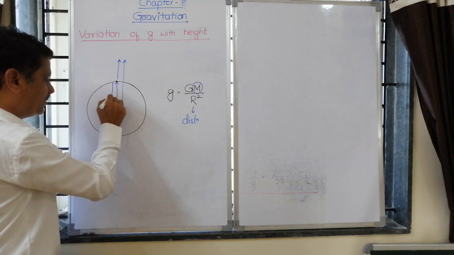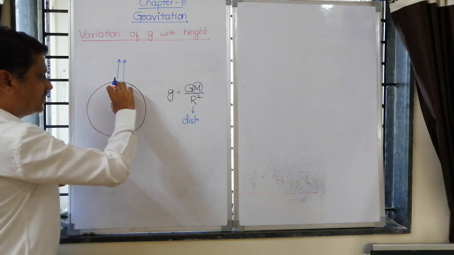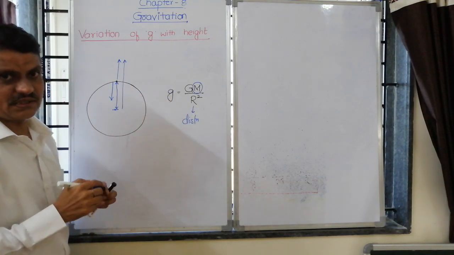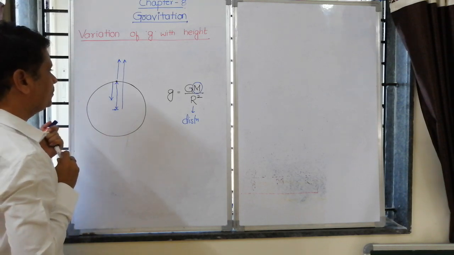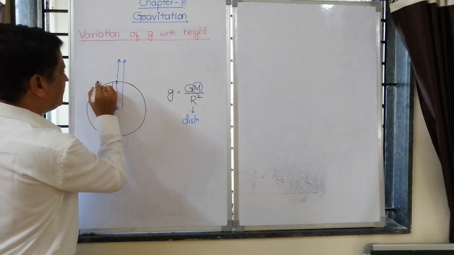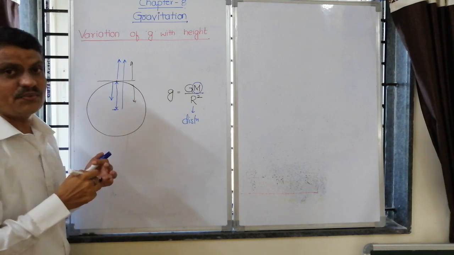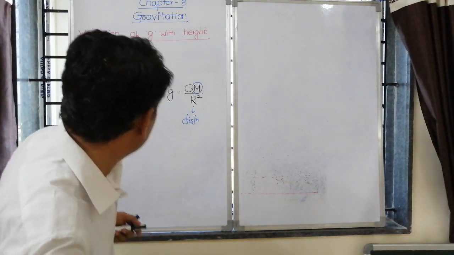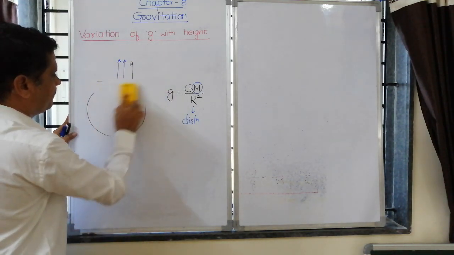If you come below the surface, then also this distance changes. As a result, g changes. Hence, I can say g varies with height as well as depth.